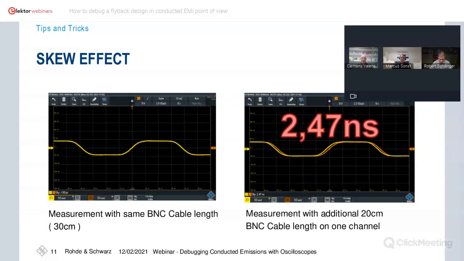If you imagine that you do some calculation with channel 2, channel 1 and channel 3, for example multiplying voltage and current to get power, then you end up with wrong measurements. So cable length is really important and should always be the same.